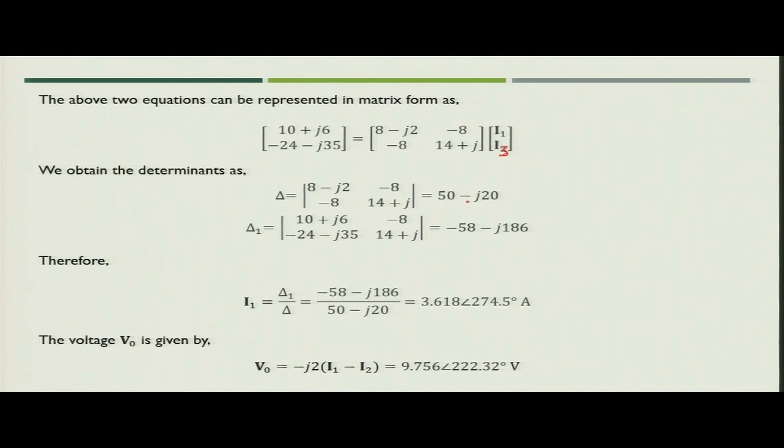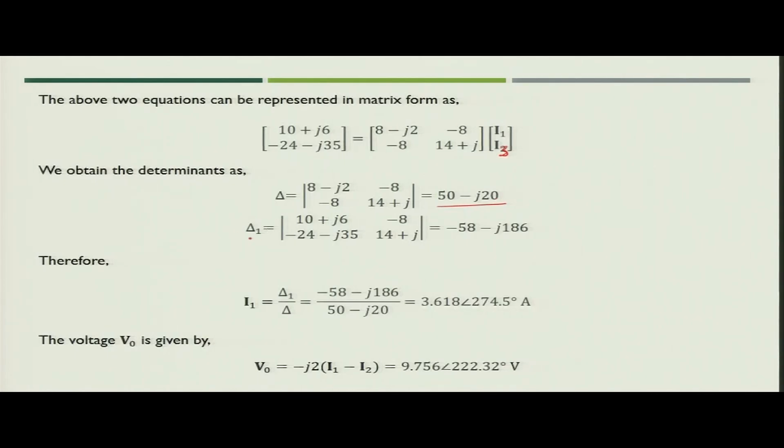Now, if you solve for I1, you will first find the value of the determinant, that is 8 minus j2 and minus 8 and 14 plus j. The value of this determinant will be 15 minus j20.